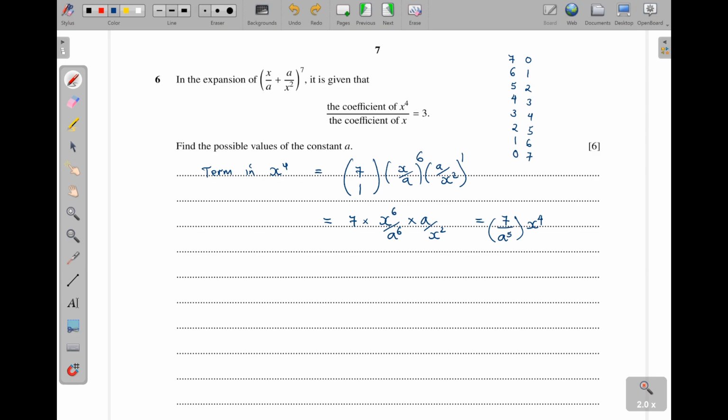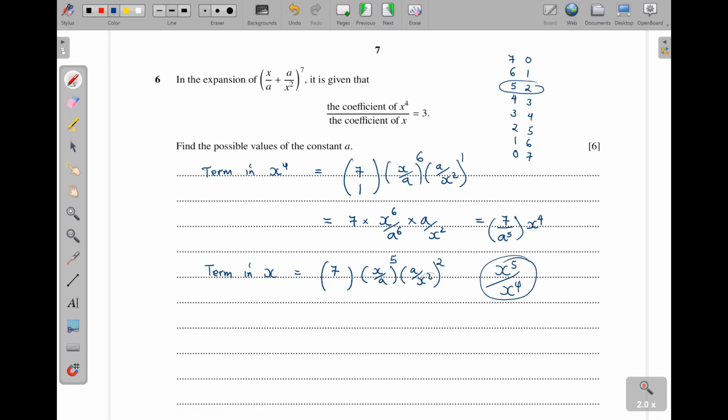And then, how about the term in x? Again, we shall have 7 combination something here, then we have x over a, and here a over x squared. So we can pick another pair, maybe 5, 2. If I put 5 here and 2 here, we shall have x^5 over x^4, right?